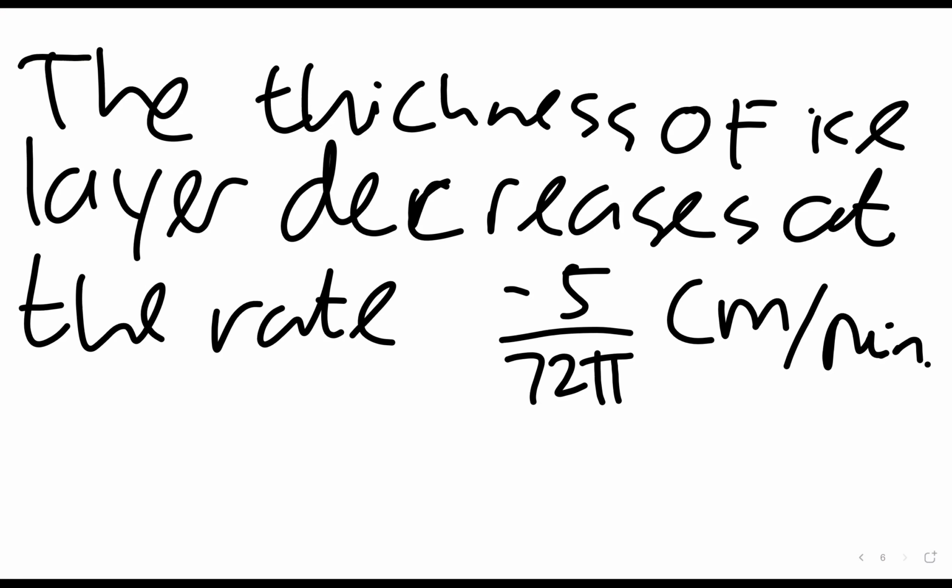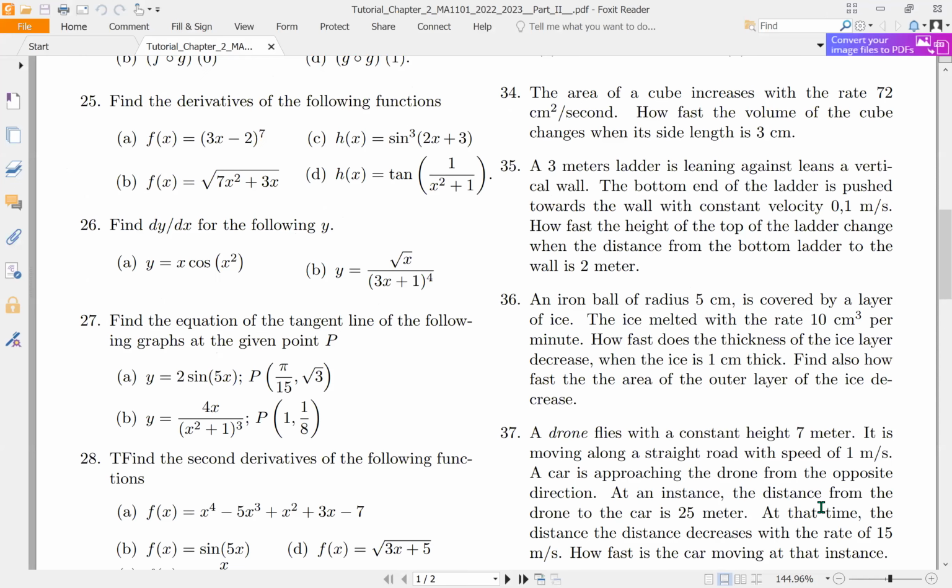Okay, so actually we have the second question. The second question is to find also how fast the area of the outer layer of the ice decreases.